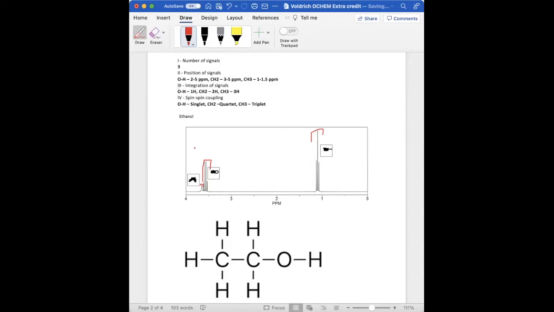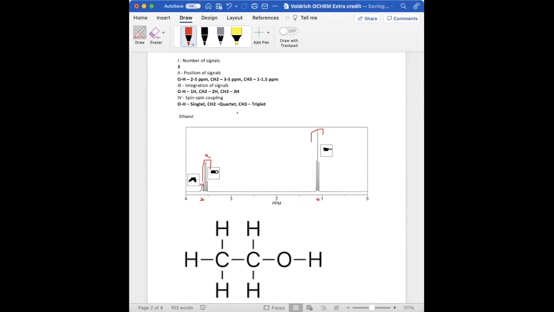Now, we can also see that this farthest signal is a singlet because there's only 1 peak. The second farthest signal is a quartet because there are 4 peaks. And the last signal, the furthest upfield signal, is a triplet.